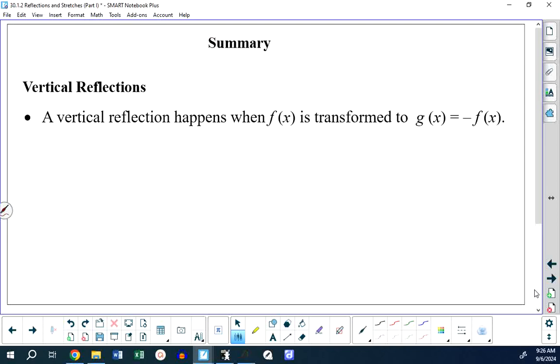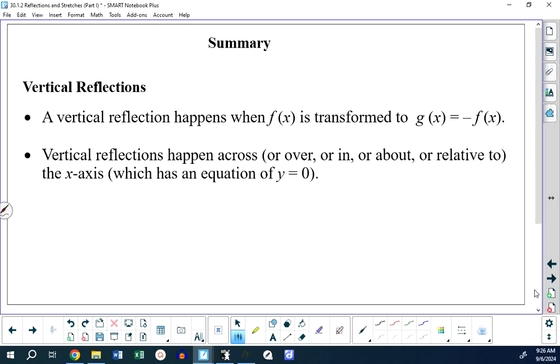So vertical reflections are when you change a function from f of x to negative f of x. Vertical reflections happen across the x-axis, which is y equals 0. Instead of across, you might see over the x-axis, or in the x-axis, or about the x-axis, or relative to the x-axis.